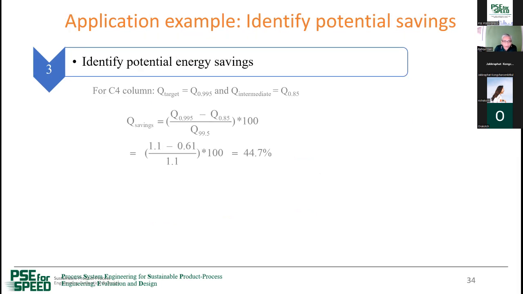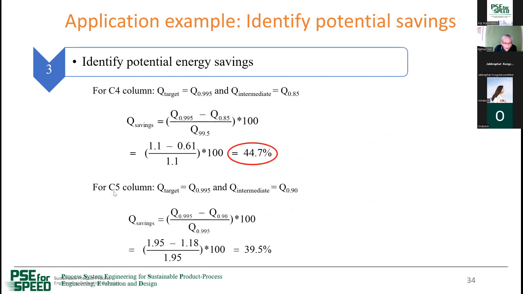Now we can calculate, and we find out that potentially for column C3, which is separating the C4s, we can save 44%, and for the C5 separation, we can save 39.5%. So there is hope for improvement.